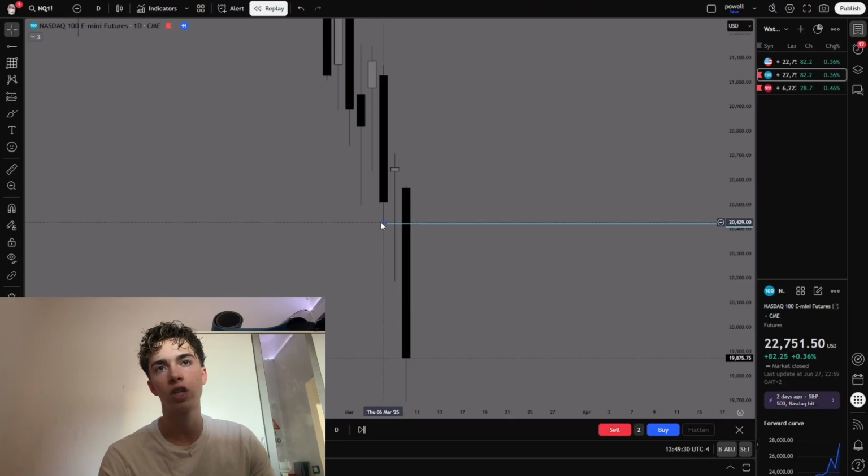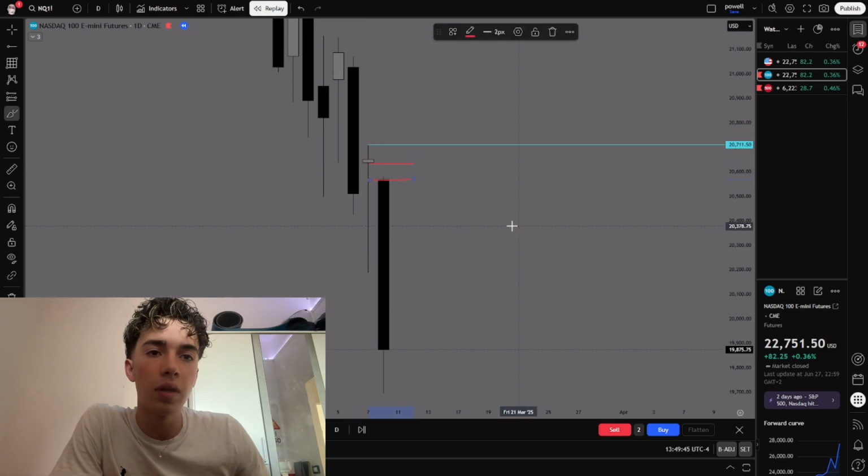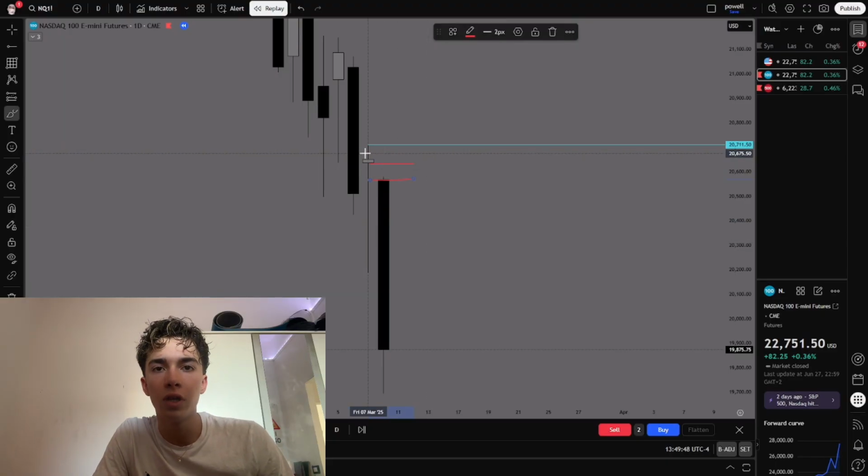That's also a good rejection, so here this was very probable, but as you can see here we have a gap between the two opening prices, so this was probably caused by news of the week, I don't know.